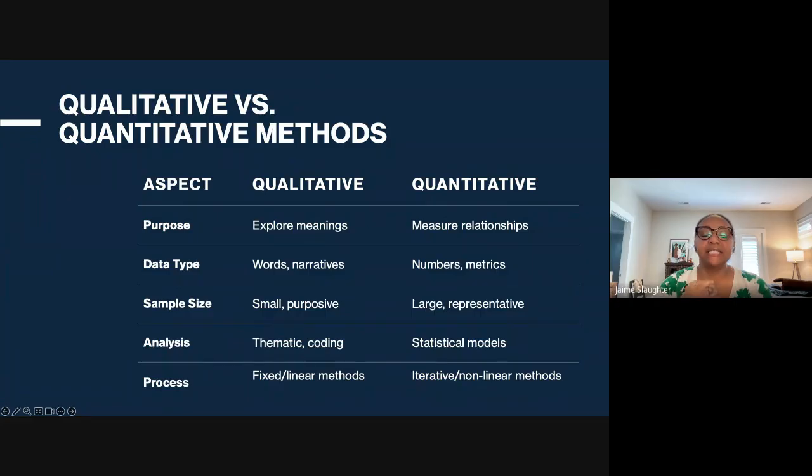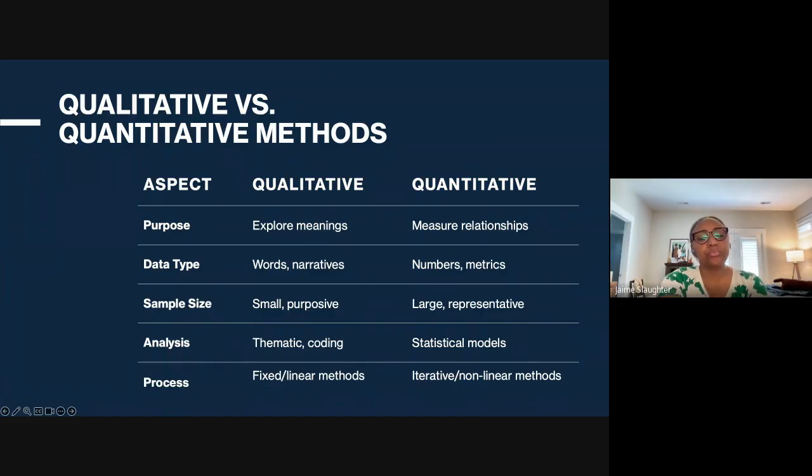I would say that neither is overall better than the other. They are complementary to each other in the process of research, and each has its strengths, and the strengths are dependent upon the purpose of your research, right?